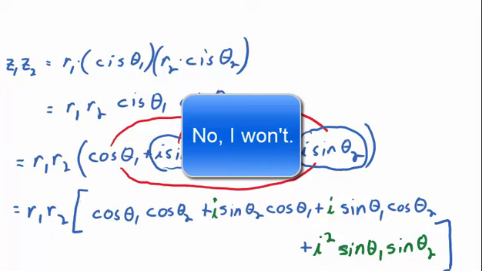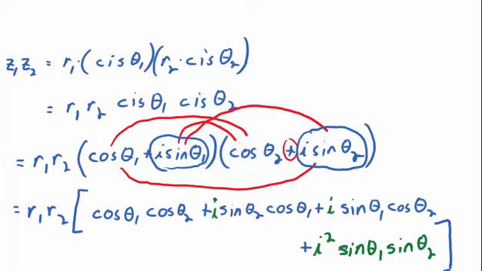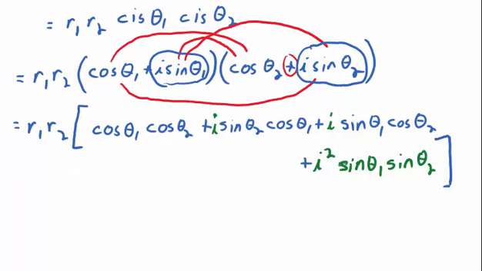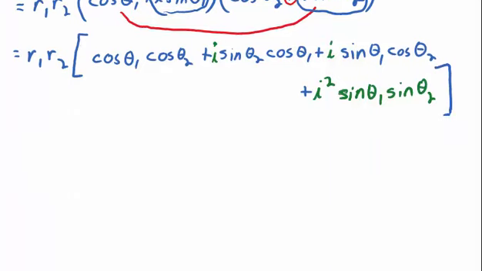All right, now it looks bad, right? But there's actually some identities hidden in here, and it's going to clean up nicely. So let me group the real parts together and the imaginary parts together. So I still have R1 times R2, big bracket. This guy would be a real part. There's no I attached to it, right? So I'm going to recopy that one. Cosine theta 1, cosine theta 2.